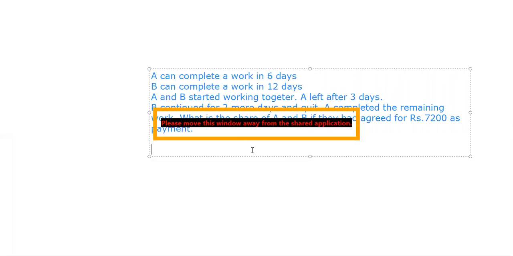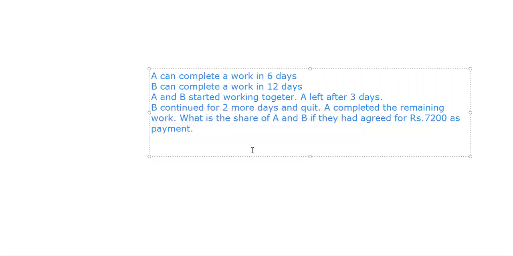So now, see this one. We know every day they work with the same efficiency, and we pay for the amount of work one has done. Now here we don't know for how many days A has done the work. But we know B alone worked for 3 plus 2, 5 days. And what is the percentage of work he would have done? 5 upon 12, because 100% he can complete in 12 days.